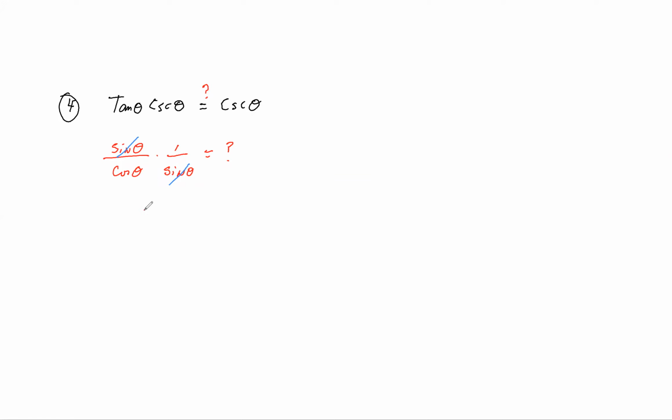Now we got 1 over cosine. Is it equal to the right side? We don't know yet. Oh, we know that 1 over cosine is equal to secant. And secant is not equal to cosecant. That means this statement is false. They are not equal, no equality.